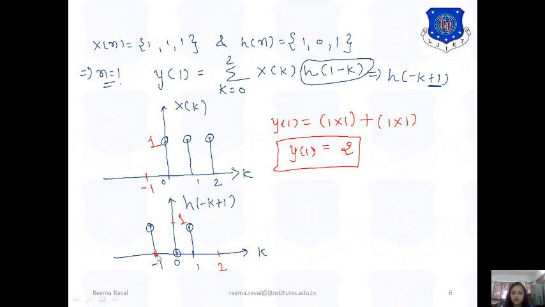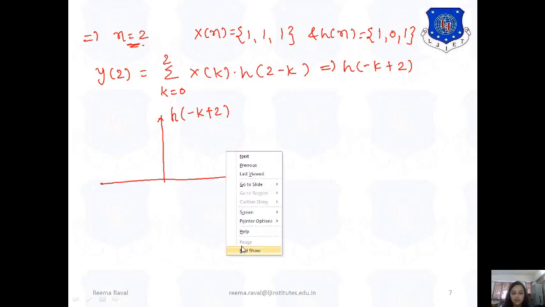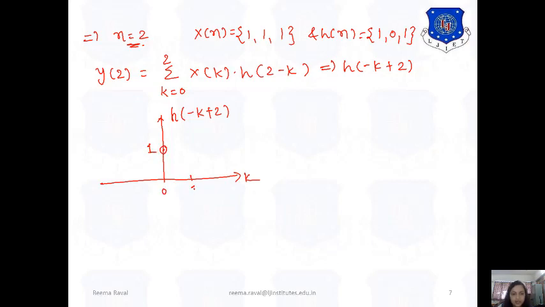Okay, so this minus 1 will be at 0, this 0 value will be at instant 1, and this 1 will be at instant 2. Okay, so here we will have the values at the instants 0 1 and 2, right? So at instant 0 the value will be 1, at instant 1 the value will be 0, at instant 2 the value will be again 1. So this indicates the h of minus k plus 2 value.